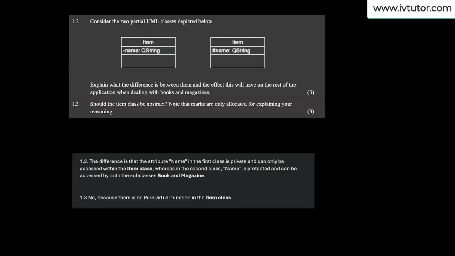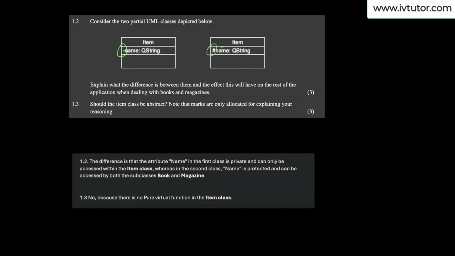Then the next question says, consider the two partial UML class diagrams depicted below. So you've got item here and item there. Explain what the difference is between them and the effect this will have on the rest of the application when dealing with books and magazines. Obviously, the difference we see here is that and that.